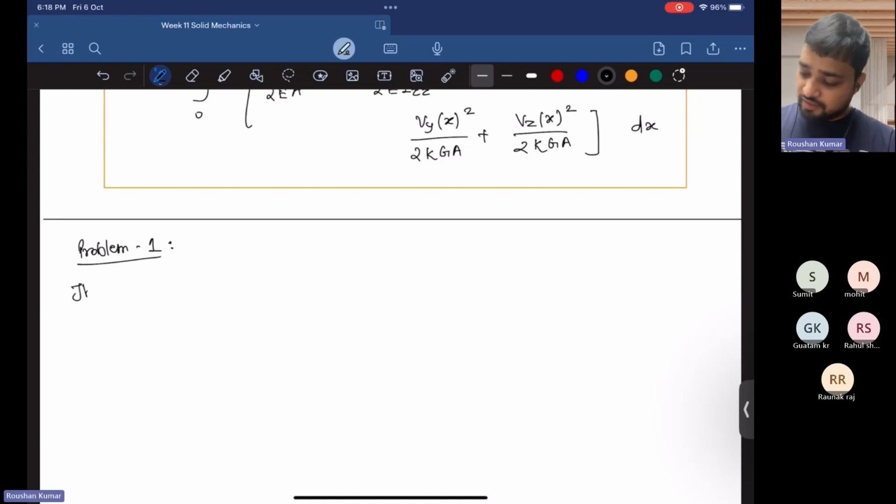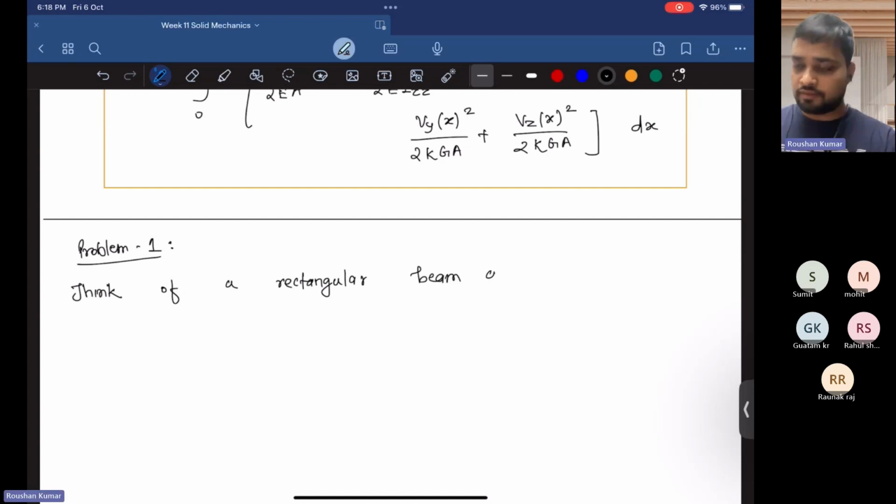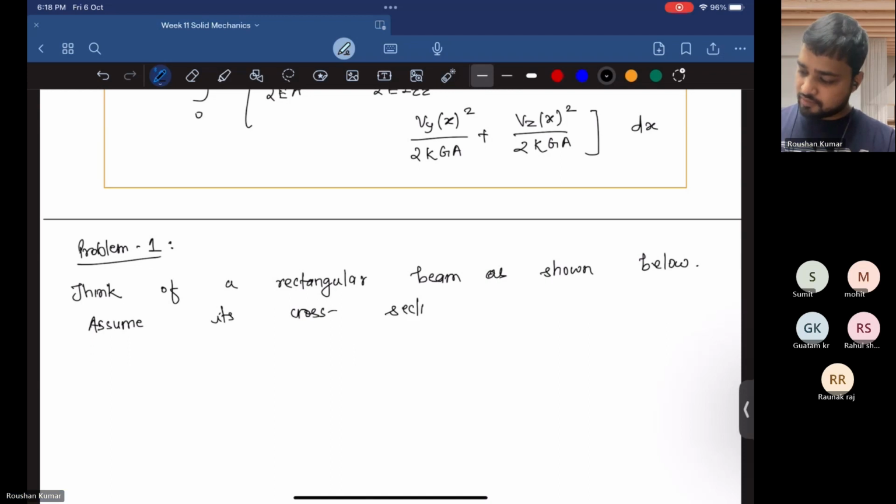This question says, think of a rectangular beam as shown below. Assume its cross section to be solid, circular.